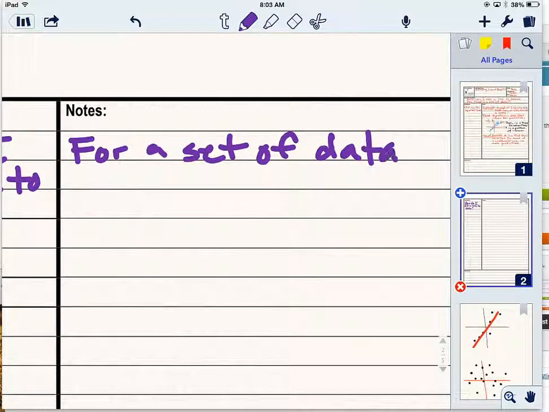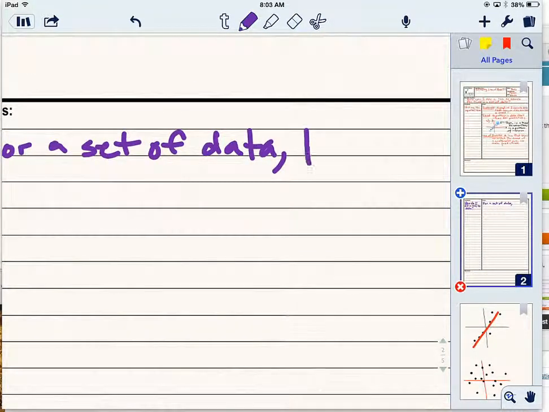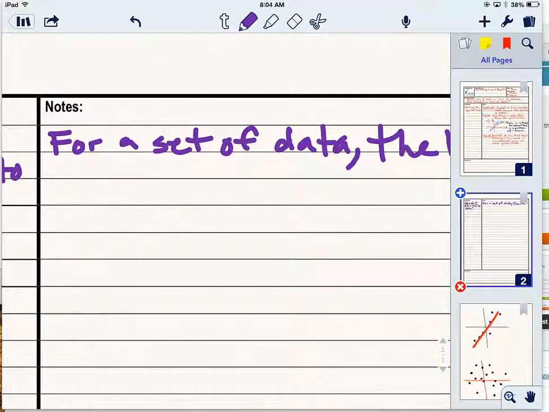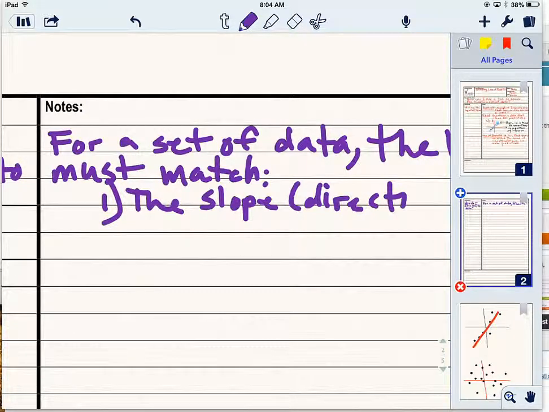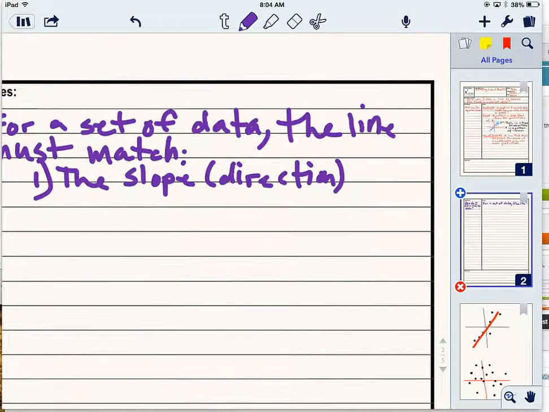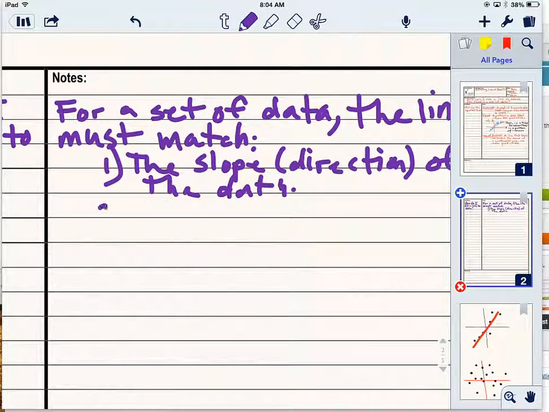For a set of data, the line must match one, the slope or direction of the data, and two, the position of the data.